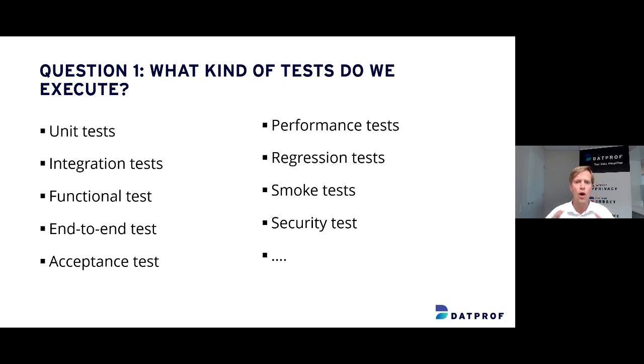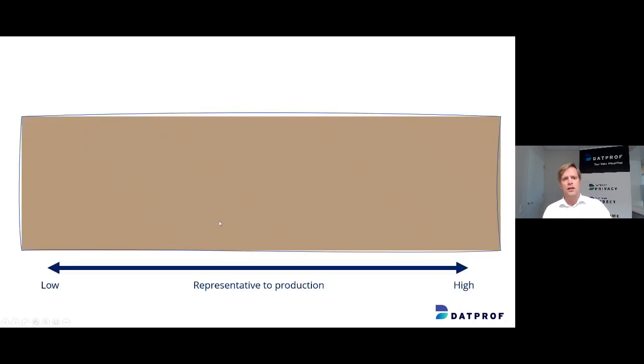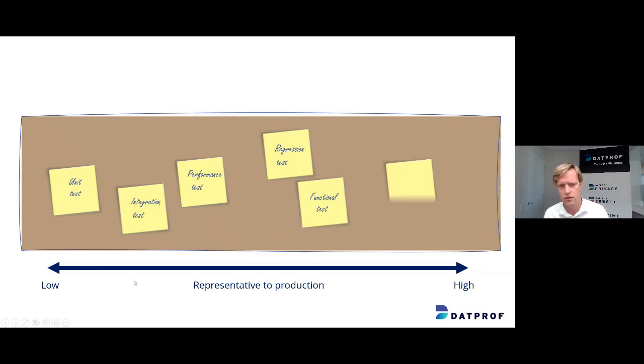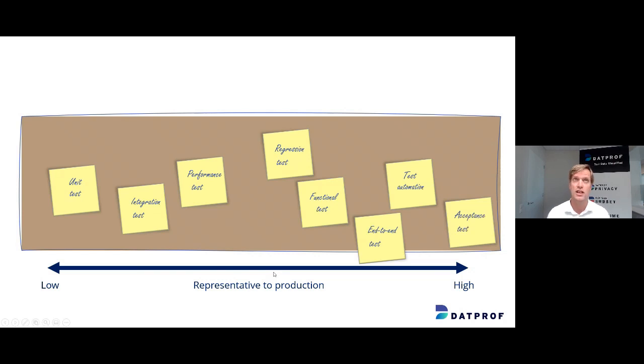How representative should test data be if you compare it to production? How high is that need? I mapped these from low to high, and you can see it below. So there's a level of representativeness to production.